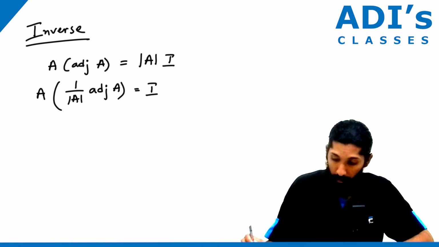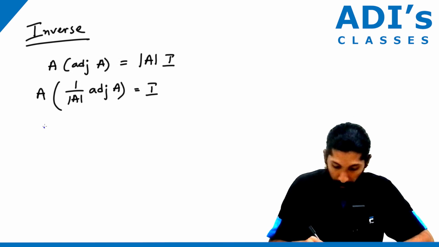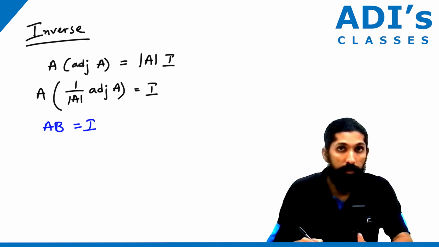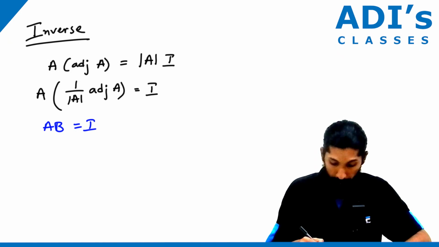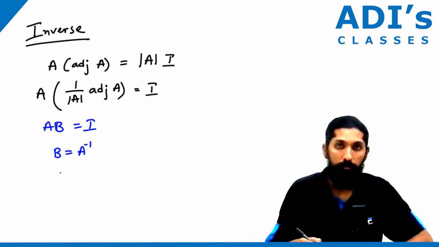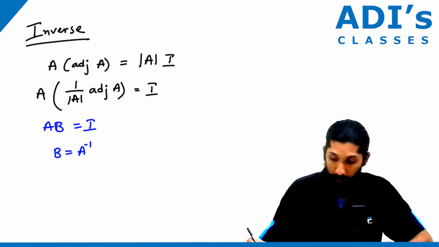Now see, what you know is that if A into B is equal to I, the product of two matrices giving you an identity matrix, then B should be equal to A inverse. Make sense? Now compare this with the given equation here.